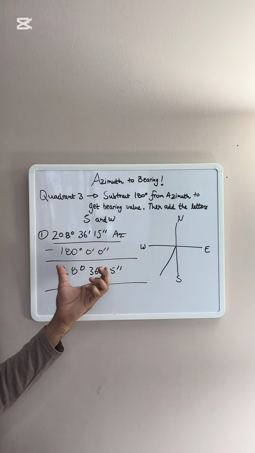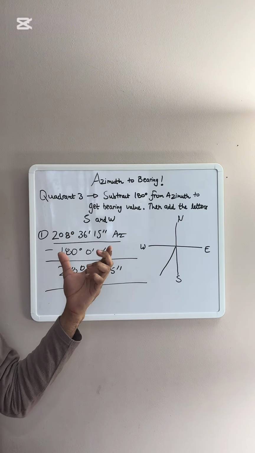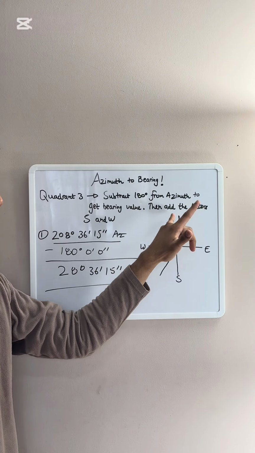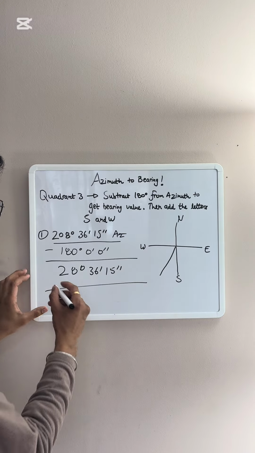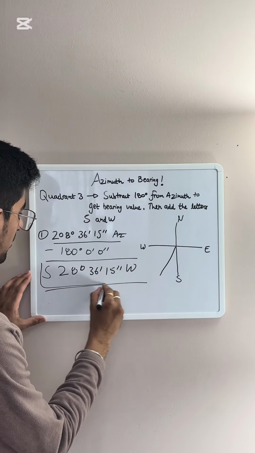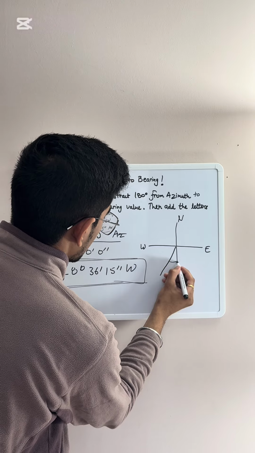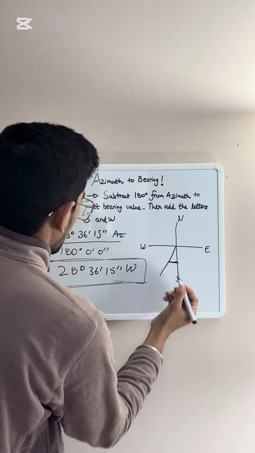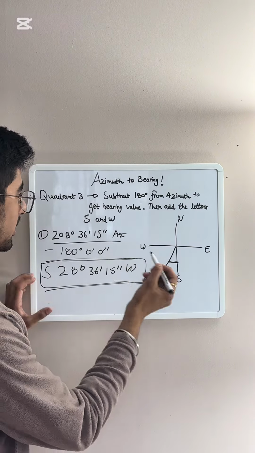Right now, it's not in bearing form. The important thing to make it a bearing is to always add the letters. The line is orienting southwest, so that would be southwest. Now it's a bearing value, and we found this angle. Just in case you have confusion, let me make it clear.